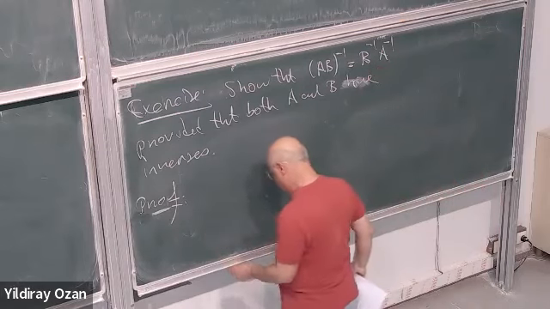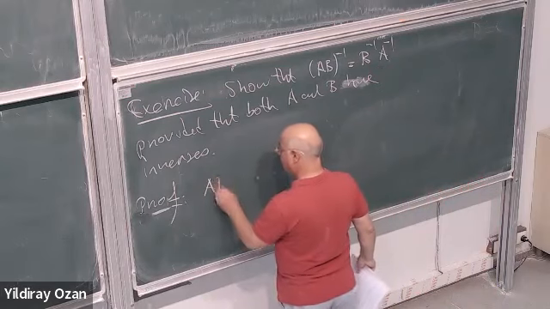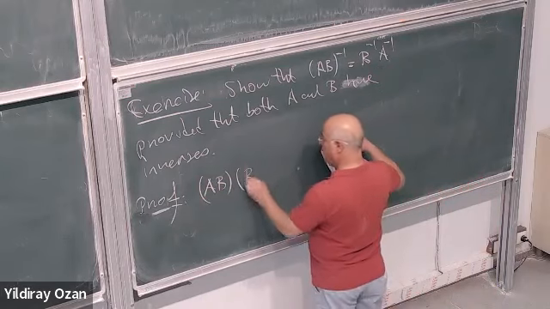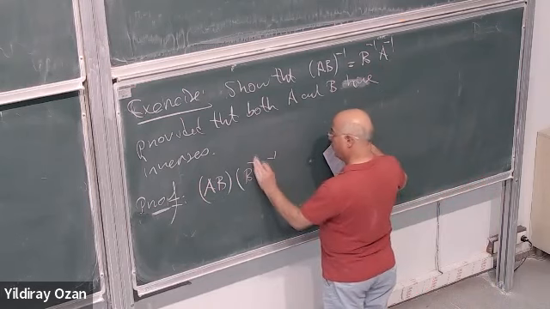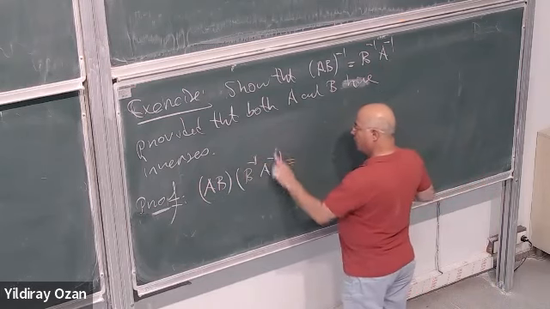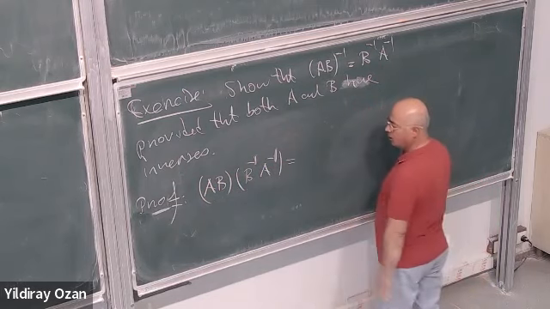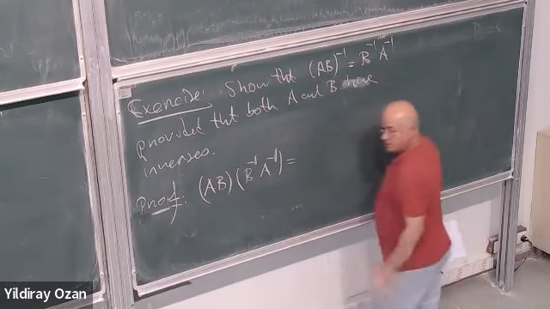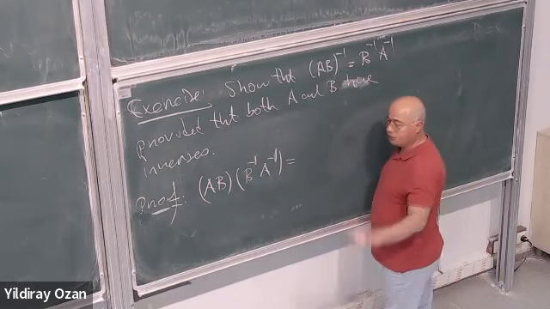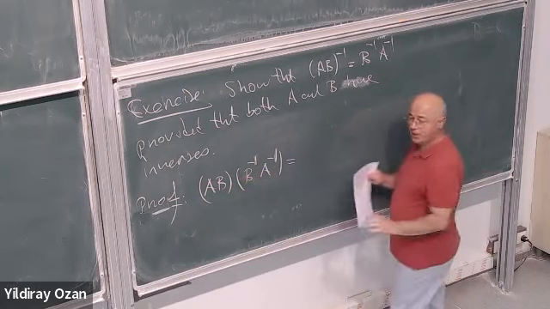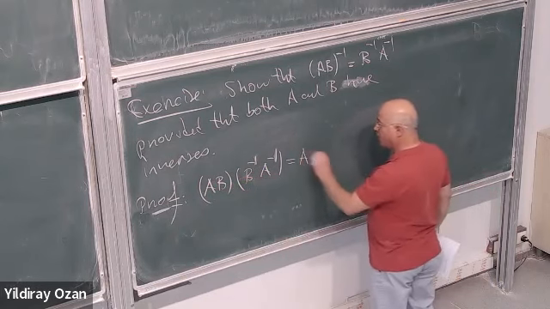So we just check this: A times B times B inverse A inverse, right? We claim that this is the inverse. Let's see if it is. Since the product is associative, I can put the parentheses in any way I want, so I can just do this.